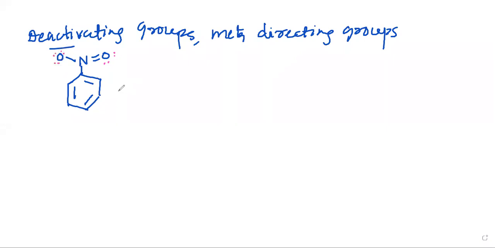Now what happens, due to a certain reason, this electron from nitrogen goes on the oxygen. As oxygen is more electronegative than nitrogen, the electron of the double bond goes on oxygen.